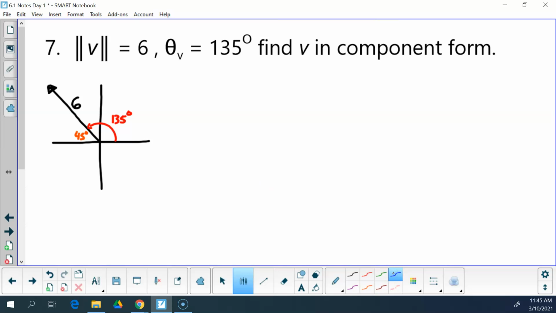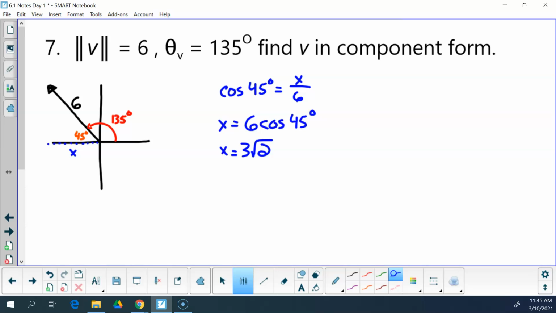So if I needed to find the horizontal part, I would say that the cosine of 45 degrees is equal to x over 6, which means that x is going to be 6 cosine of 45 degrees, which gives me, I believe, 3 square roots of 2 for x.